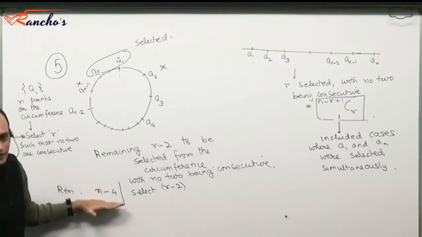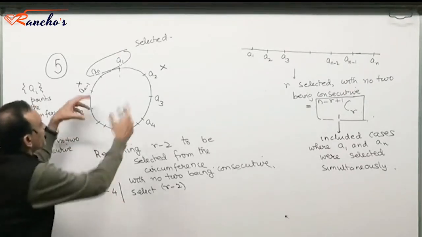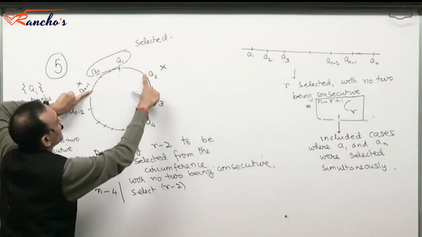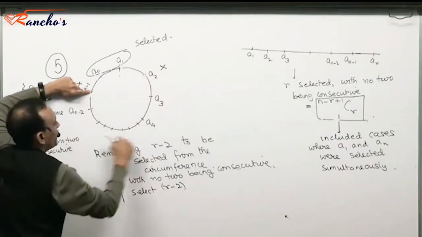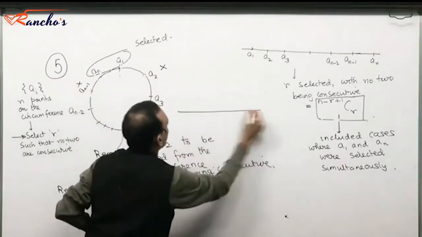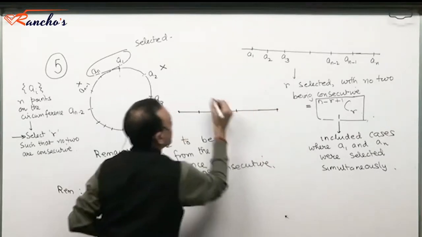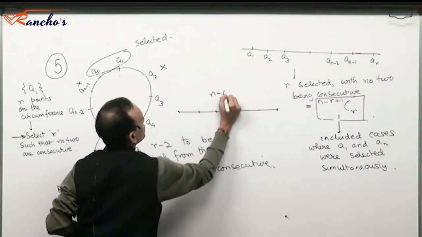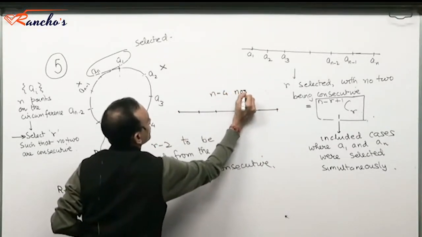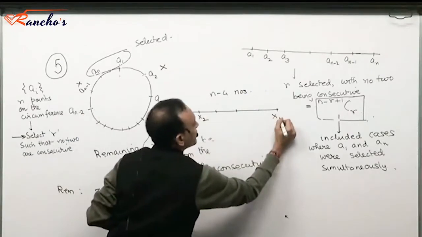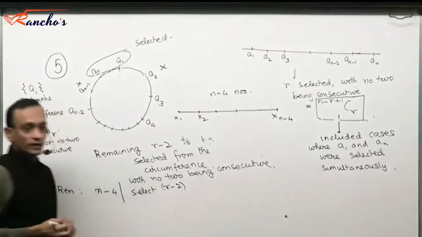From n minus 4 numbers now, what I do is, I cut this open. A2 and an minus 1, I cut this open, and the remaining n minus 4 numbers are placed along a line. These are the remaining n minus 4 numbers, say x1, x2, up to xn minus 4, right?